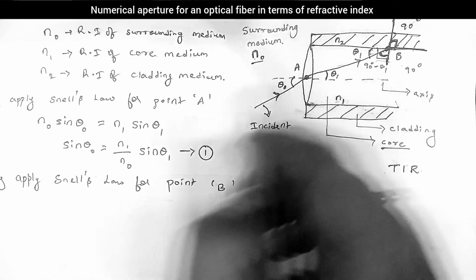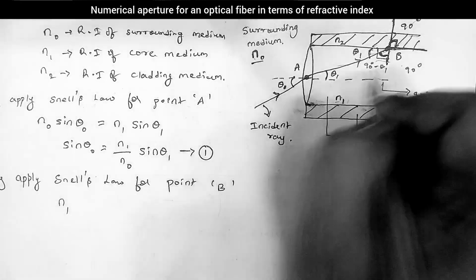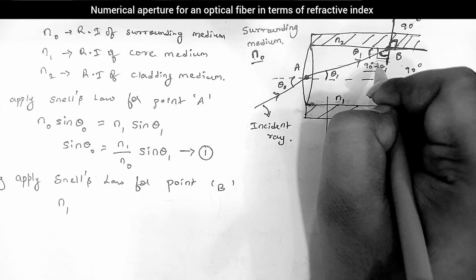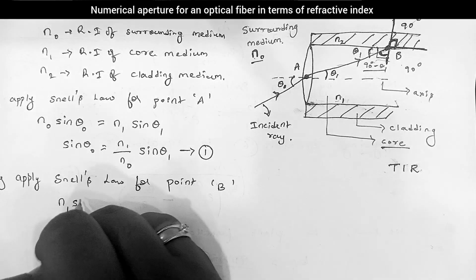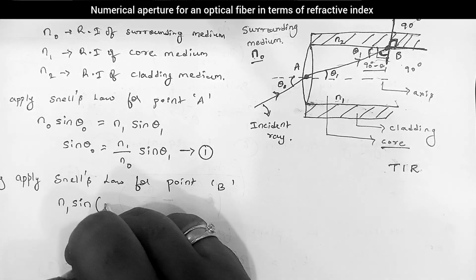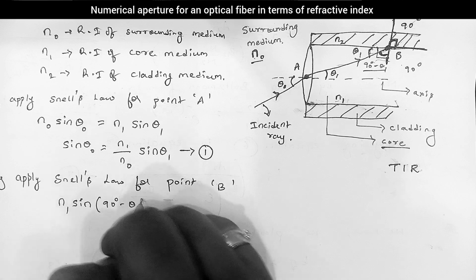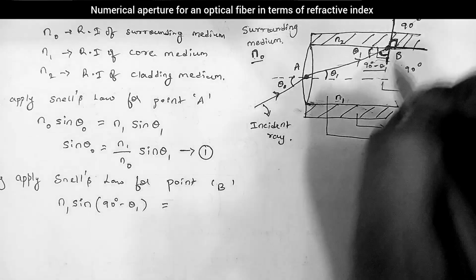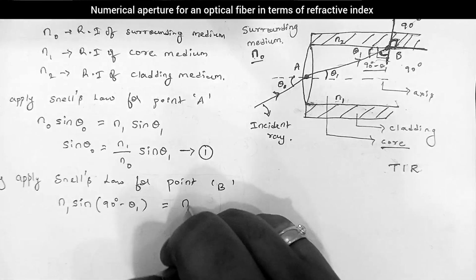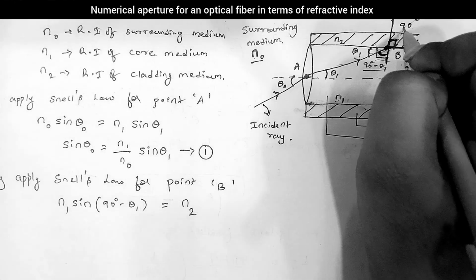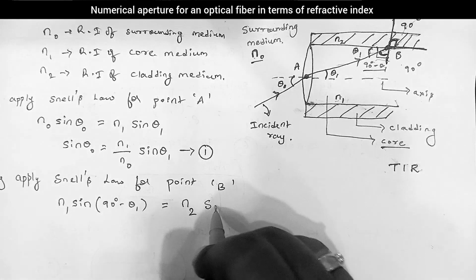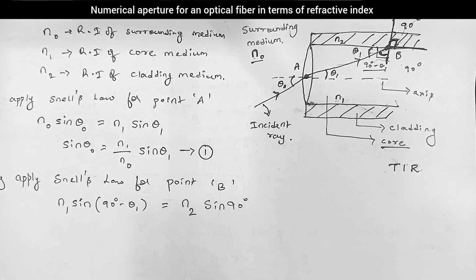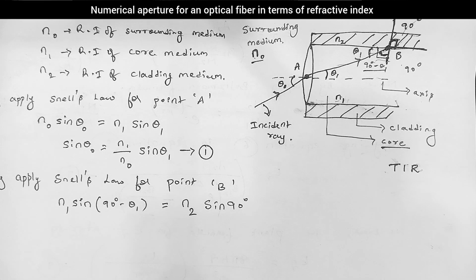The refractive index of this medium is n1 and the angle of incidence is 90 minus theta 1, so n1 sine of 90 minus theta 1 is equal to n2, the second medium it is going into, times sine 90. So this is the equation.